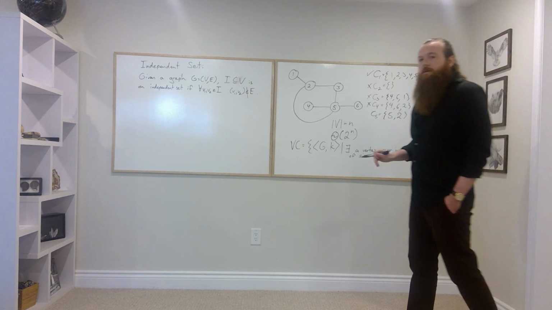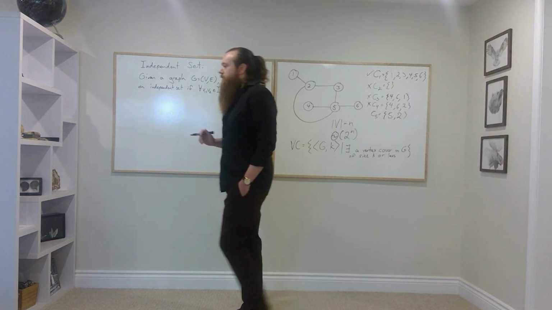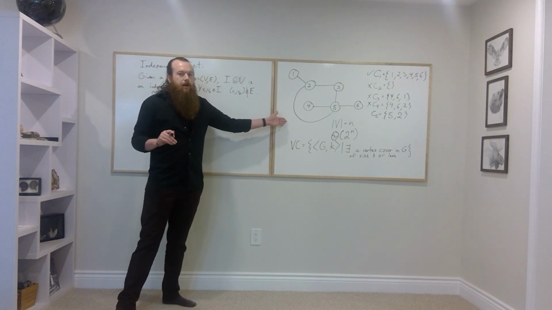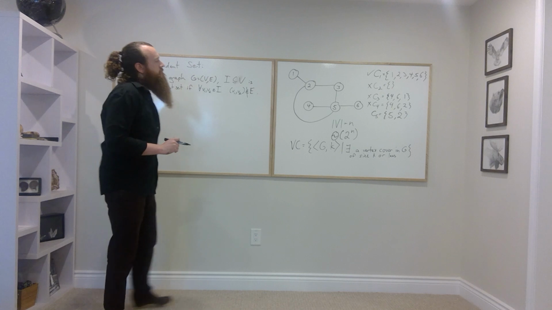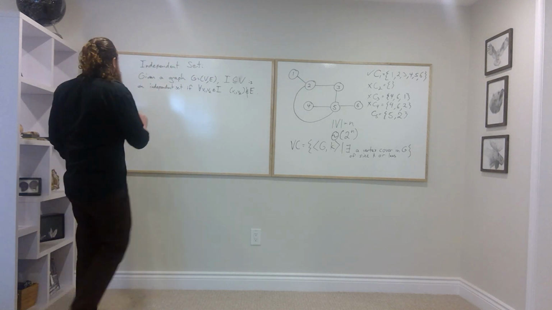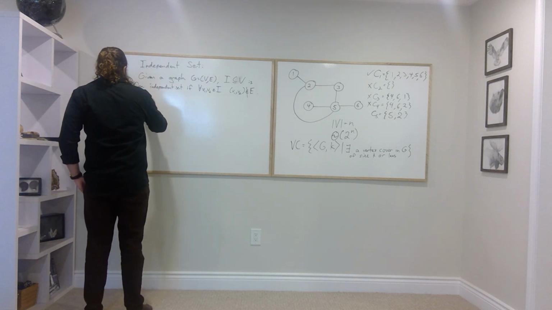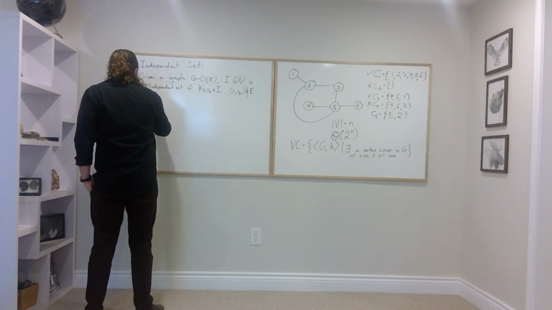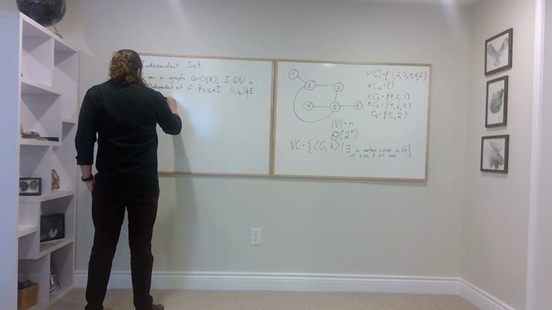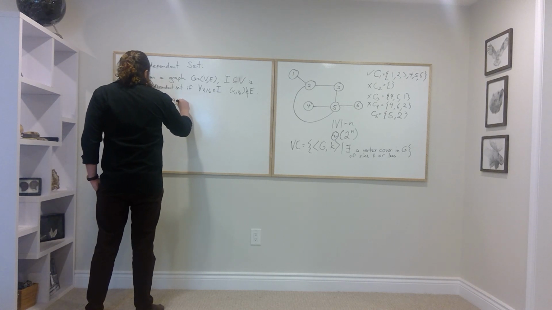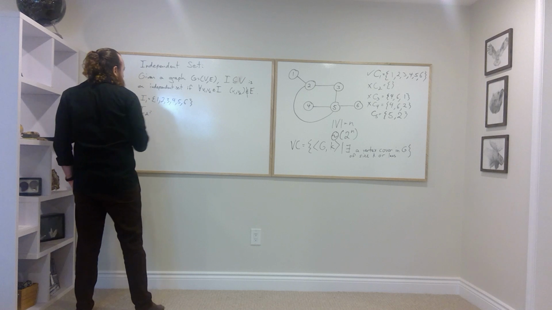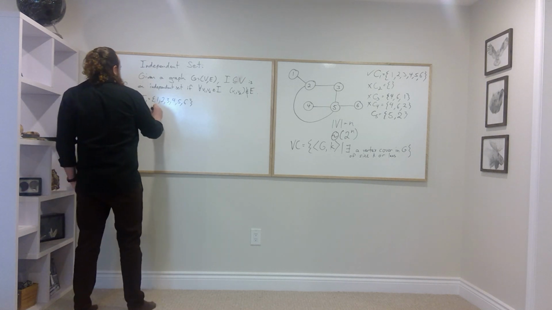Okay, let's look at some potential candidates for independent sets in this graph. Let this equal G. Let's put down the same ones, except I'll call them I's instead of C's. I1 equals... I2 equals the empty set.